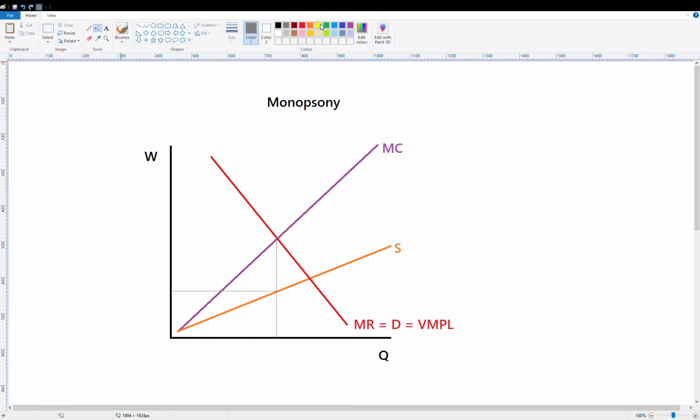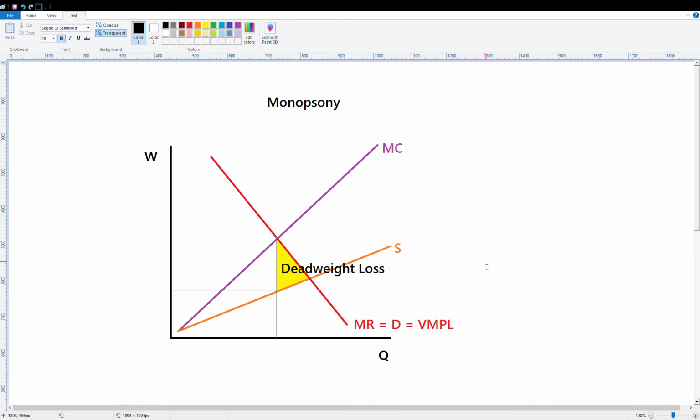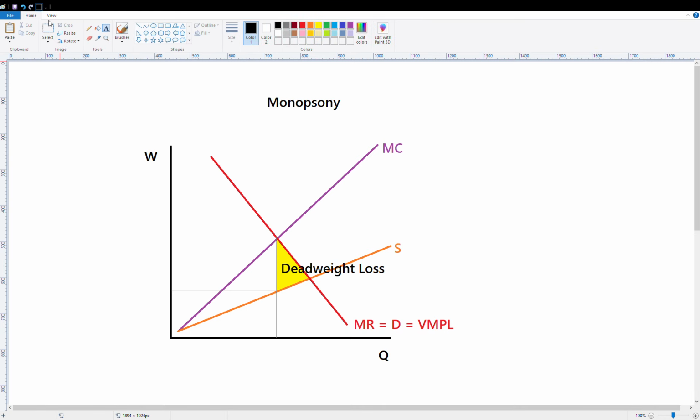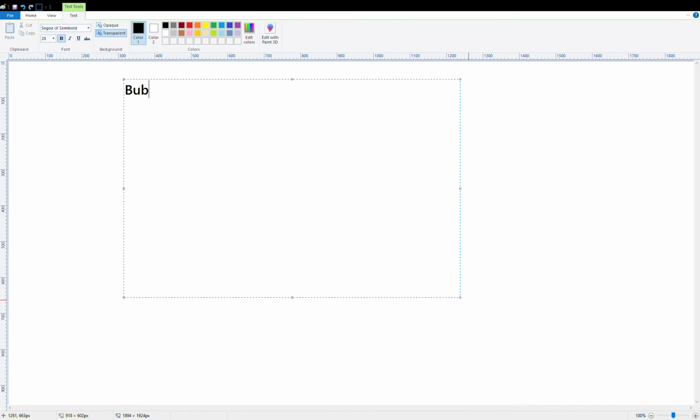And obviously, it creates my favorite thing right here, which is called a deadweight loss. Let's go, deadweight loss. And here's a scenario: the Bubonic Plague. The Bubonic Plague obviously has its own pros and cons.